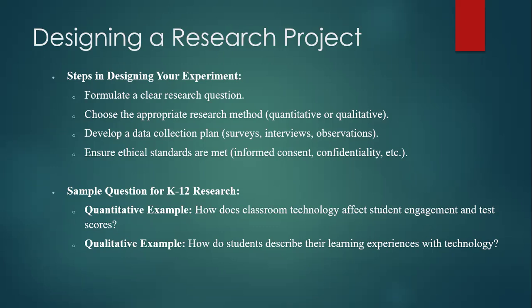I have included two questions as examples. The quantitative example: how does classroom technology affect student engagement and test scores? And the qualitative: how do students describe their learning experience with technology? These are just some examples.